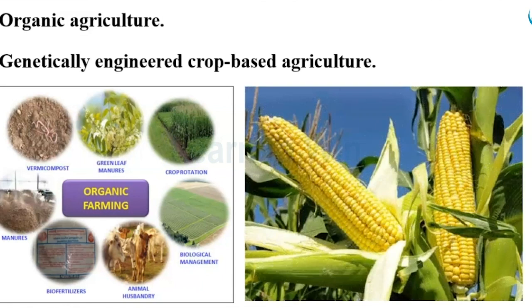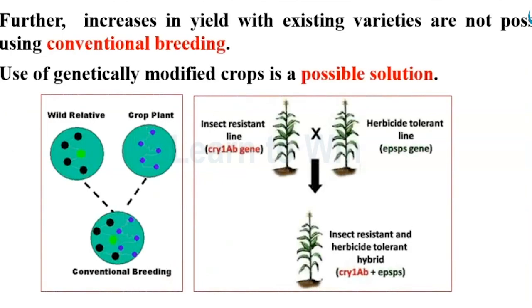The third one is creating genetically engineered crops. Genetically engineered crops are nothing but genetically modified organisms. See, conventional plant breeding happens within the existing varieties, and no matter how superior a variety you have, it still has some sort of problems.